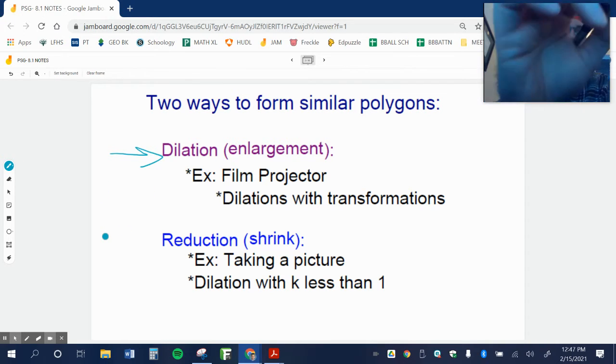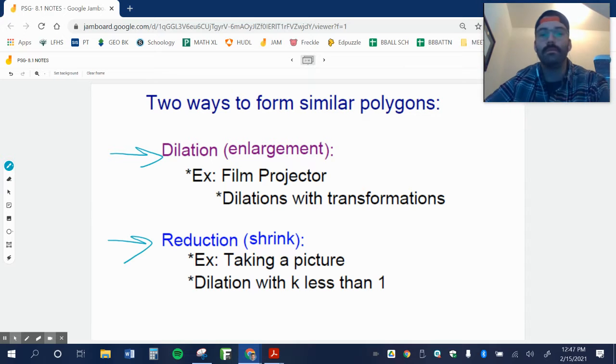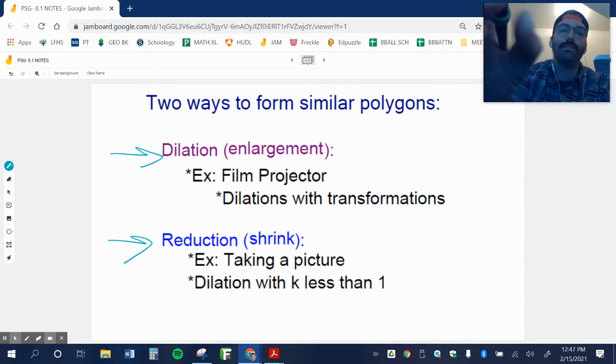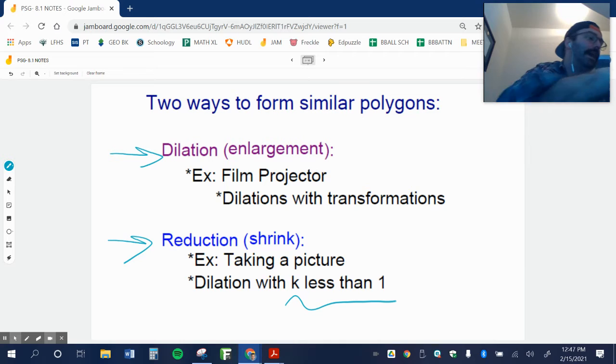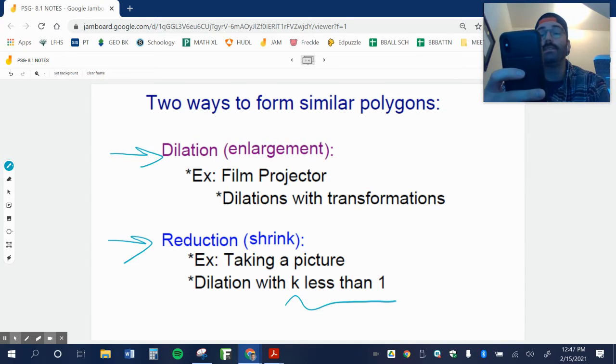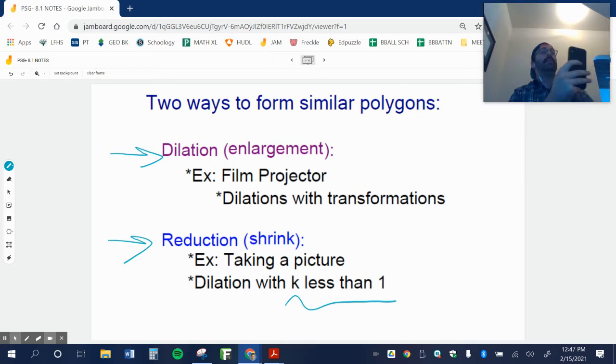Let's go to reduction. Reduction is like shrinking. A reduction is a shrinking when your scale factor is less than 1. Taking a picture, I can take a picture on my phone and instantaneously put it out there online. When you do that, you're taking a reduction of that snapshot. That is actually similar polygons there.